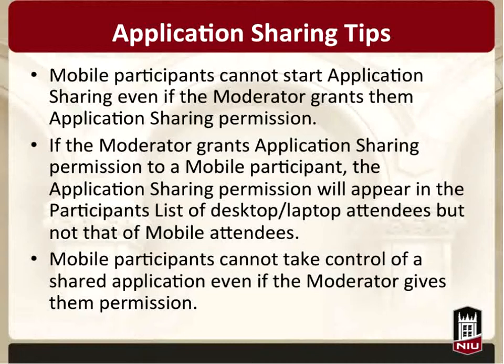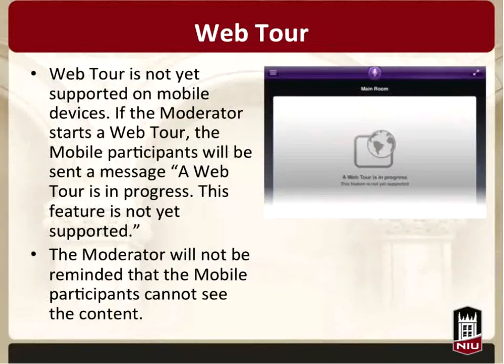So it's nice. The system is smart enough to help prevent you as the moderator from doing that. And so these mobile participants can't take control of a shared application, but they can obviously see that shared application.